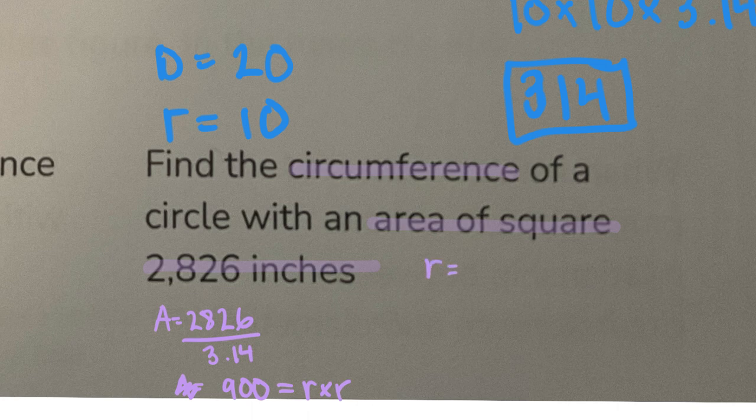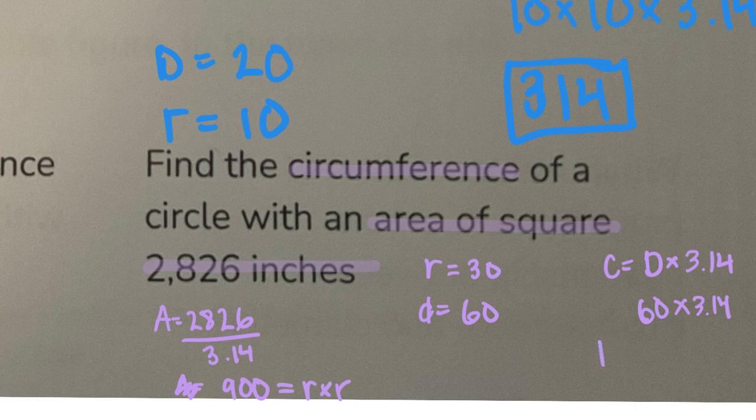My radius is 30. If my radius is 30, that means to find the circumference, we have almost everything we need. We just need to find our diameter. The radius is 30, that means my diameter is 60. So then we're just going to go 60 times 3.14. And when we calculate that out, we get 188.4.